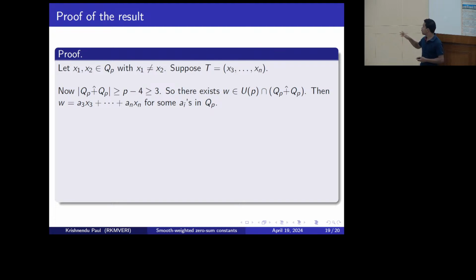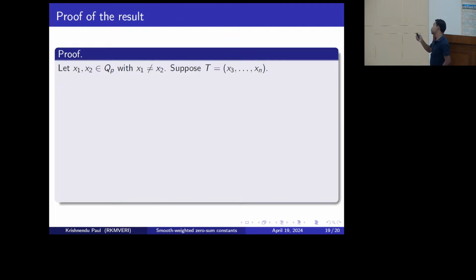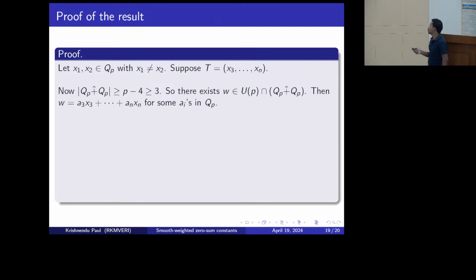As we have assumed that S has at least 4 non-zero terms and we are removing x1, x2, T has at least 2 non-zero terms, so it satisfies the conditions. So W can be written as a3 x3 plus ... an xn.